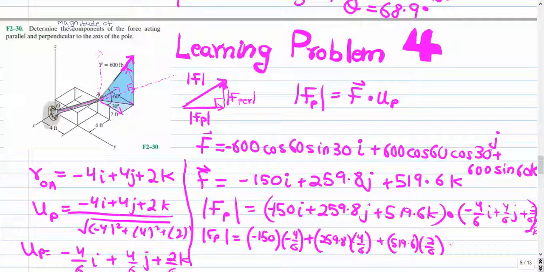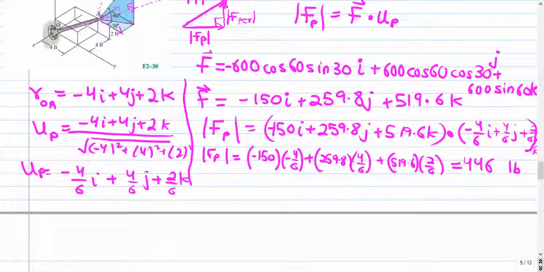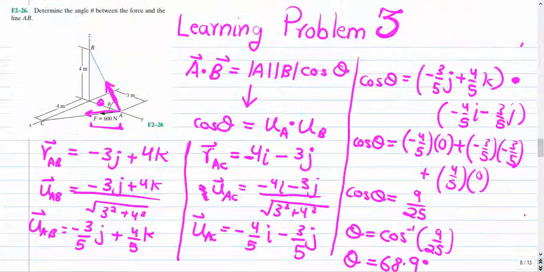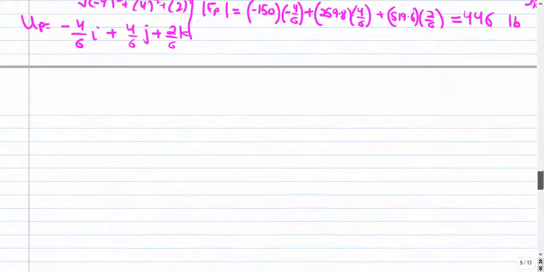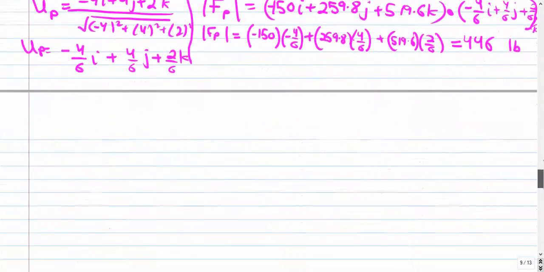And once we add them up, we come up with the number 446 pounds. So this is the magnitude of the component for the force F parallel to the axis of the pole.